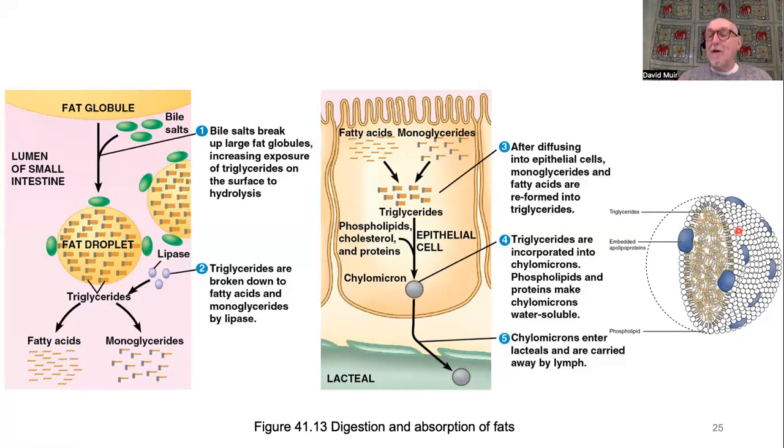And this chylomicron is small enough that it can actually pass across the plasma membrane, and it is soluble. It is soluble because the outside here are the phosphate heads of the phospholipid, which are highly soluble in water. But this chylomicron does not pass into the bloodstream.